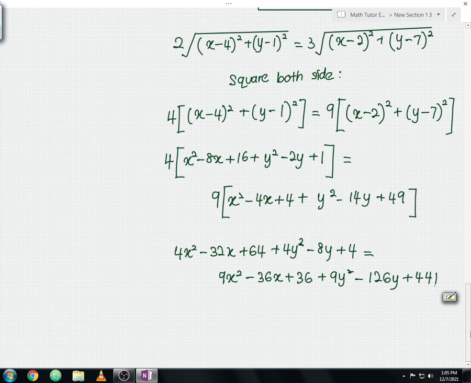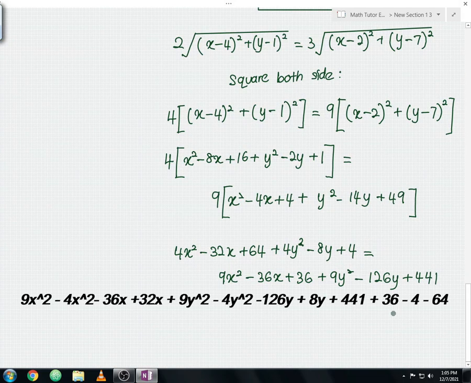You need to arrange according to the highest power to the lowest power respectively. In order for you to solve for this step, you move all the variables from the left hand side to the right hand side over here, and then you start to solve them.